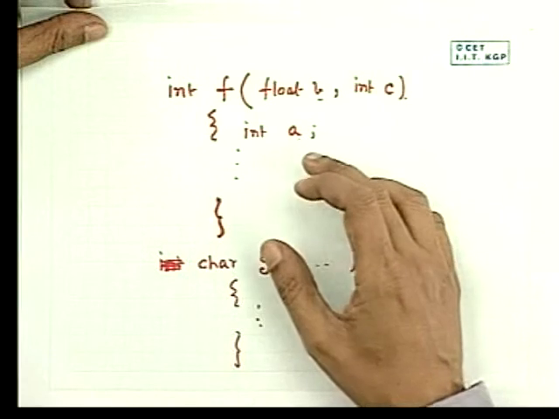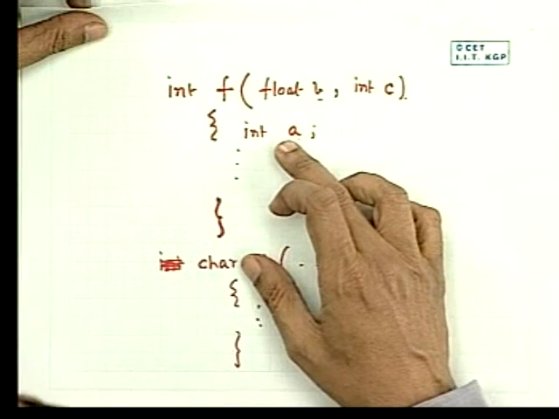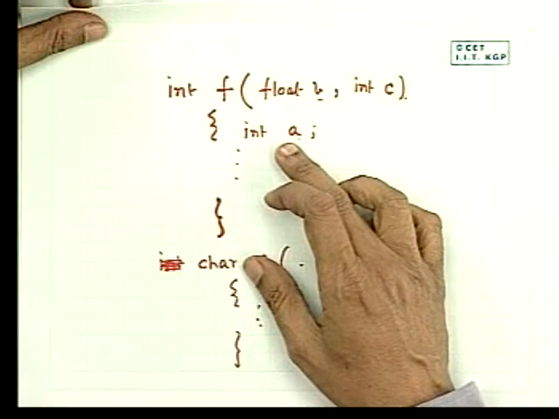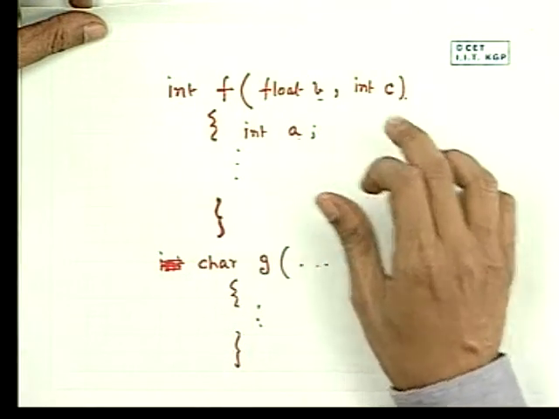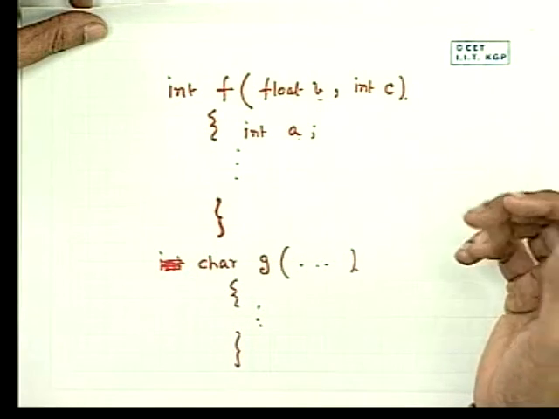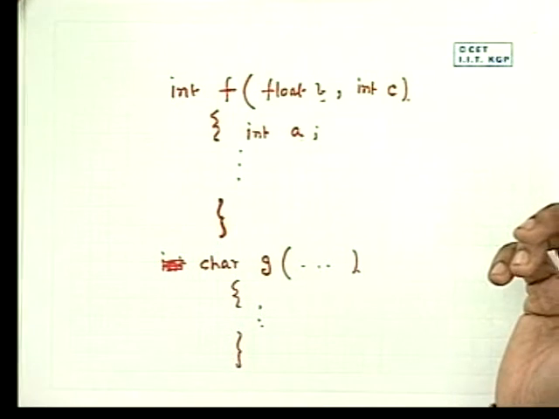However, there are certain problems also in this kind of environment. The problems might be that suppose you have different modules for the functions, and if I make certain changes in one of the functions, say for instance in F, it may so happen that, for example, I may change the type of b from float to something else, requiring more general parameters.